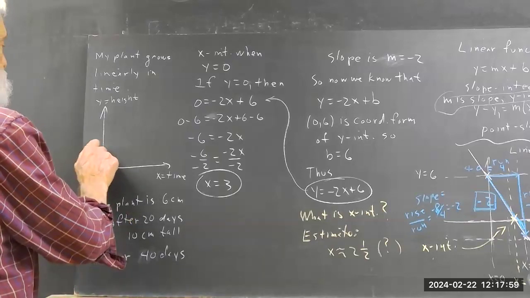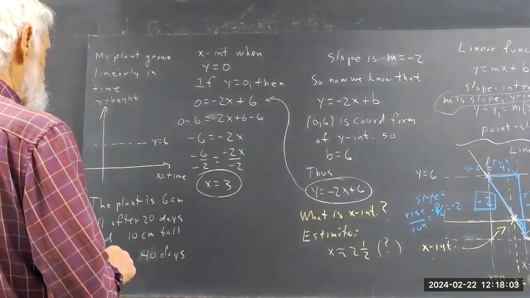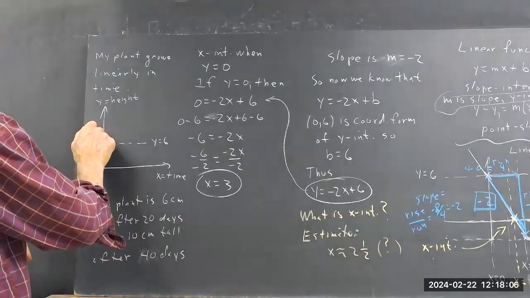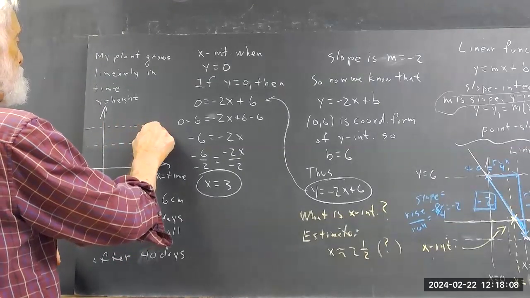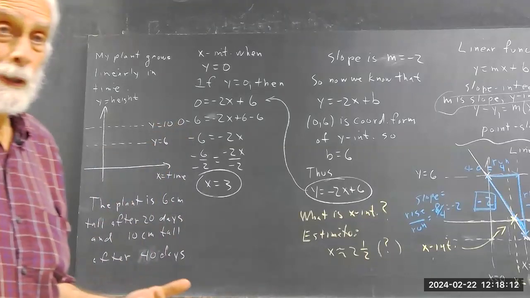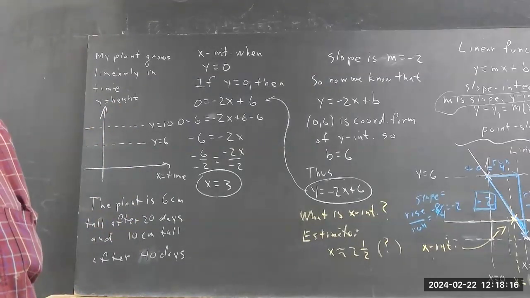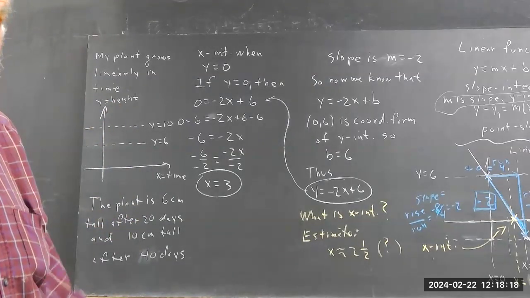So you got y equals 6. And then you got y equals 10. Anything difficult about that? Except maybe the fact that when you see something in words, you translate it to a graph. And that's not difficult.